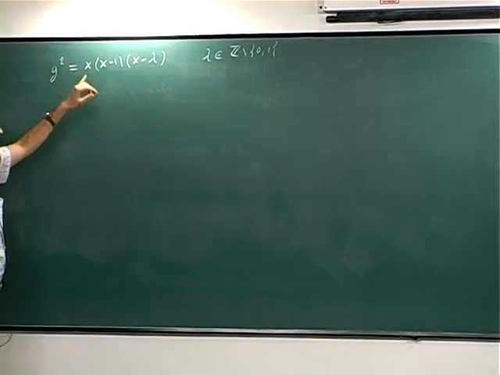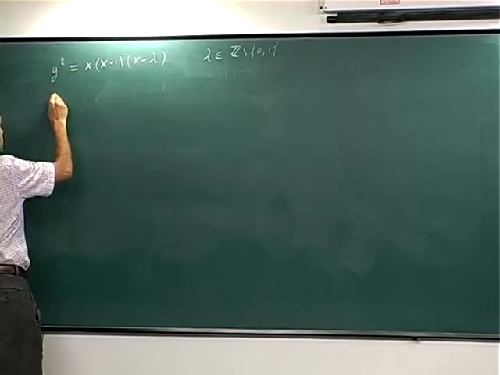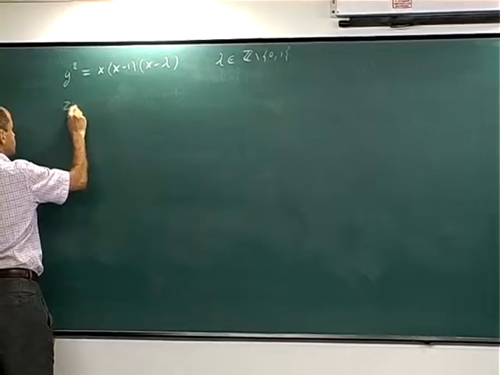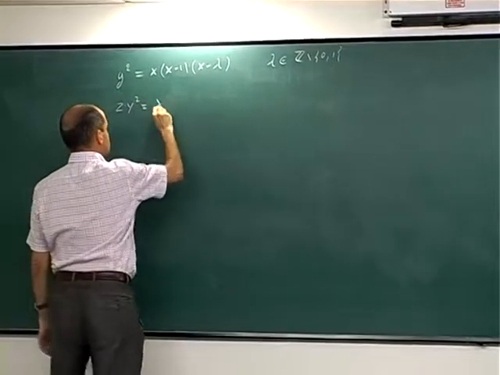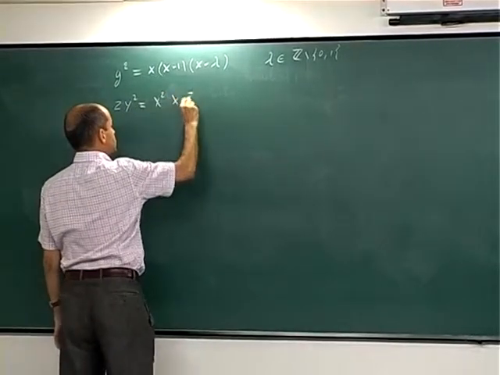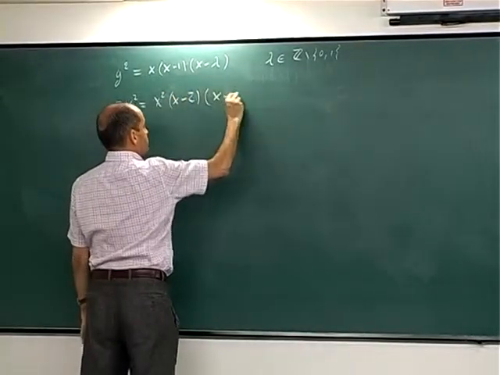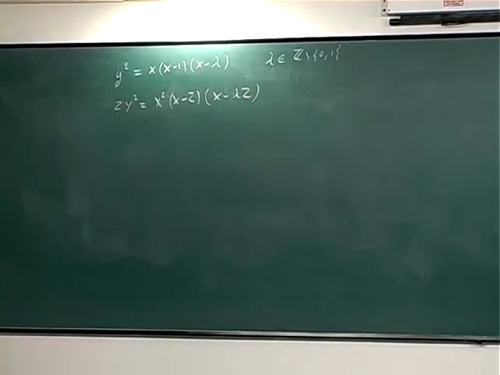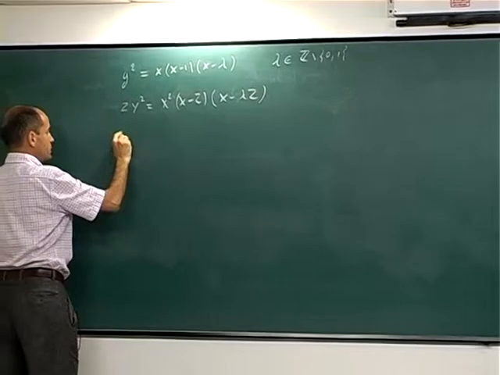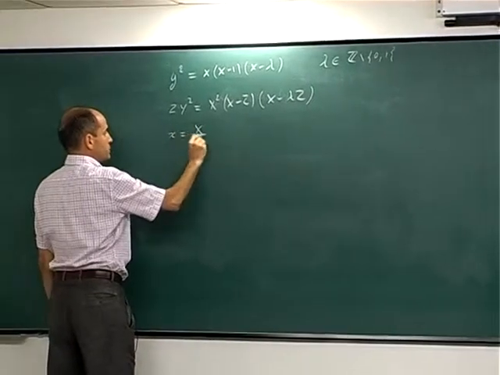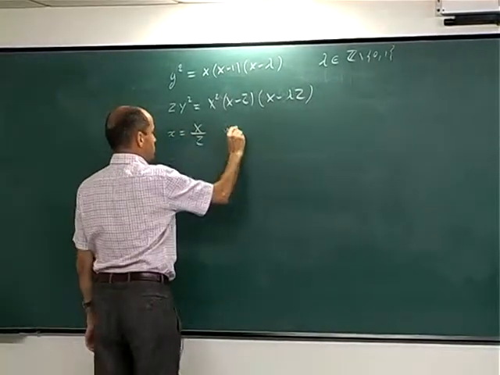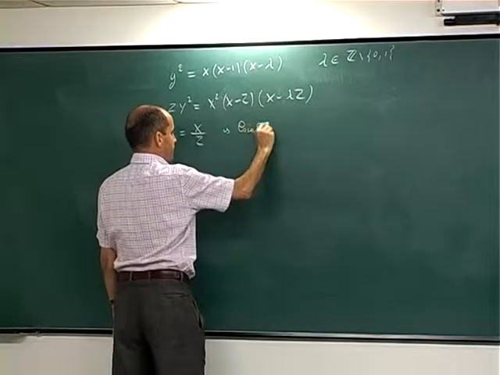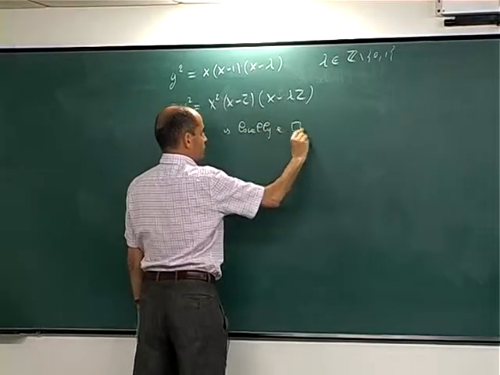Actually, we're interested in the compact curve. That's y squared equals x minus z, x minus lambda z. So I noticed last time that the function small x, which is capital X over Z, is locally a square everywhere.